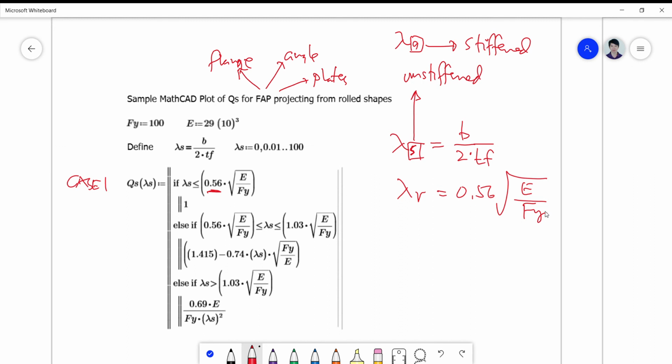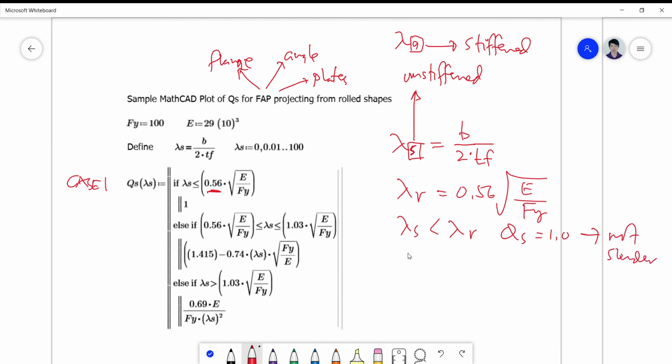And if lambda s is less than lambda r, then your Qs is simply equal to 1.0, meaning to say this is not slender.